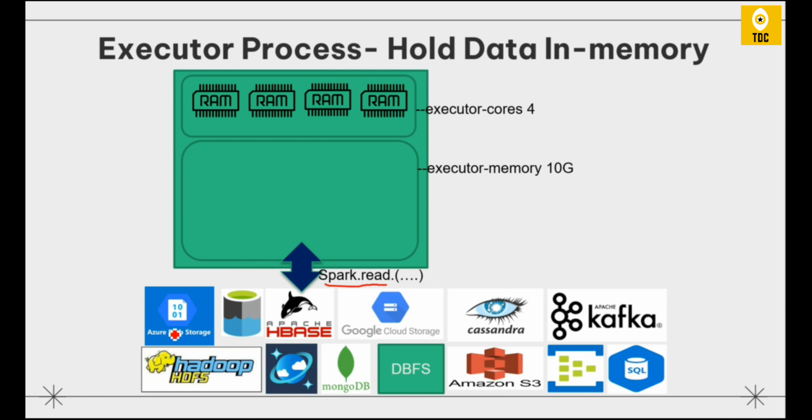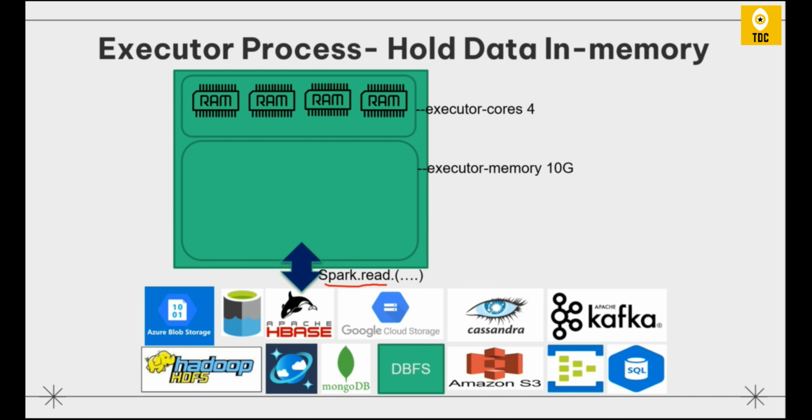You can read structured, unstructured, and semi-structured data from any of these sources, maybe Azure Blob Storage, Hadoop file system, the data lake, Apache HBase, Cosmos DB, MongoDB, Google Cloud Storage, and even Databricks file system, which is a native file system, and Amazon S3 and Cassandra, and also real-time sources like Apache Kafka and Event Hub, and also databases like SQL, Postgres, etc.